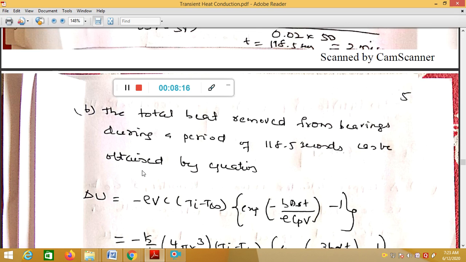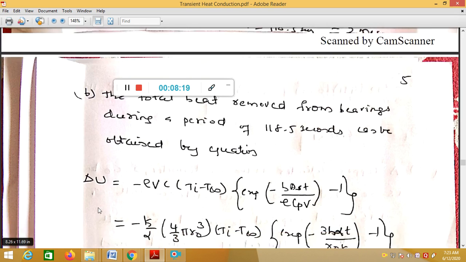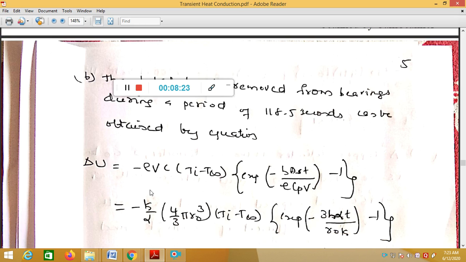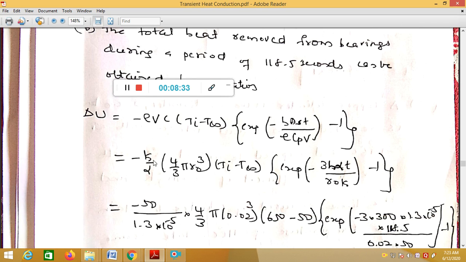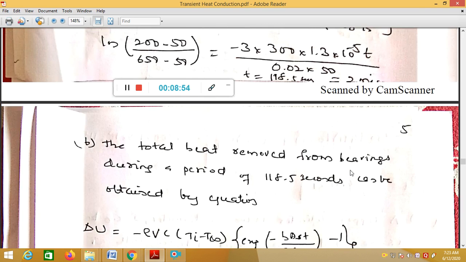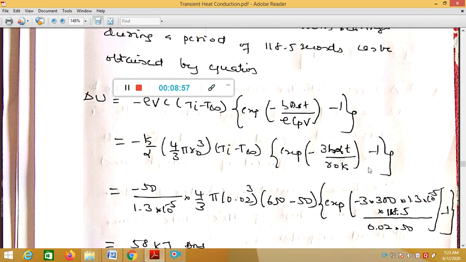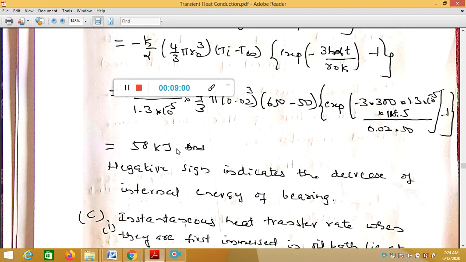We know that the total heat transfer is given by this expression: delta U equal to minus rho V c, Ti minus T infinity, into 1 minus exponential of minus hAs t by rho c V. Substituting rho c as k by alpha, volume of the sphere equal to 4 by 3 pi R0 cube, and Ti minus T infinity, then substituting t as 118.5 seconds, you will get 58 kilojoules. Total heat removed is 58 kilojoules.